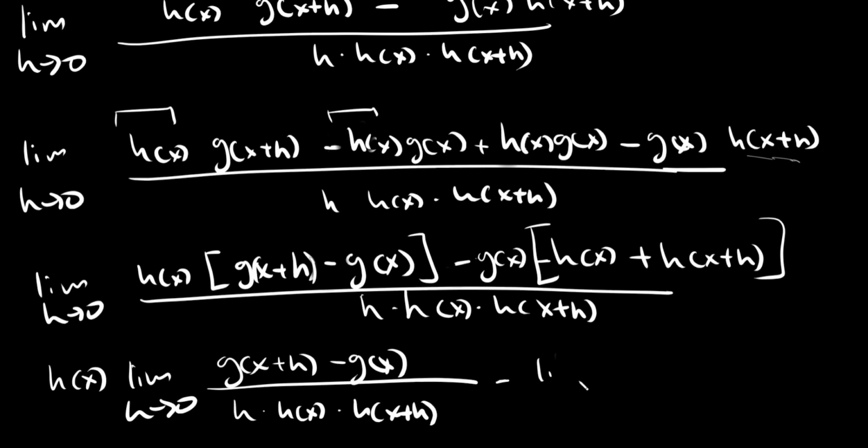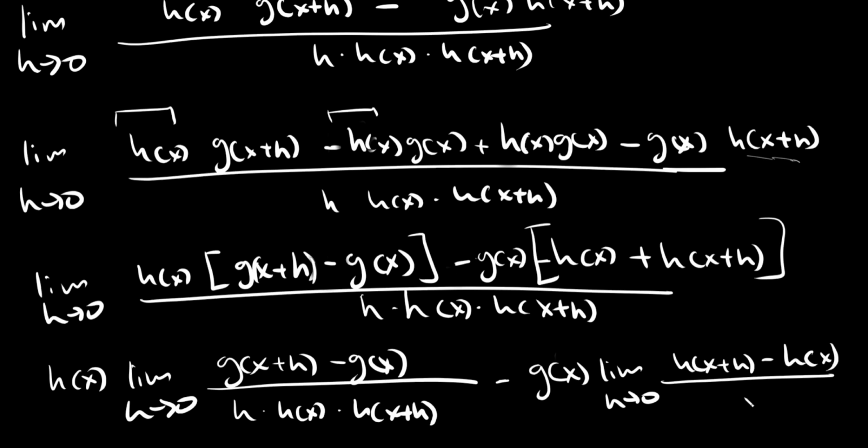Actually, I'm gonna put out my g of x as well. So here I'm just gonna put this in front. So it's gonna be h of x plus h minus h of x divided by h, times h of x. If you need more space, h of x times h of x plus h.